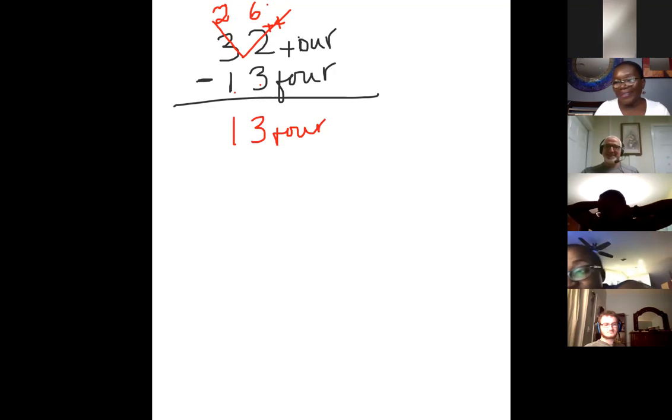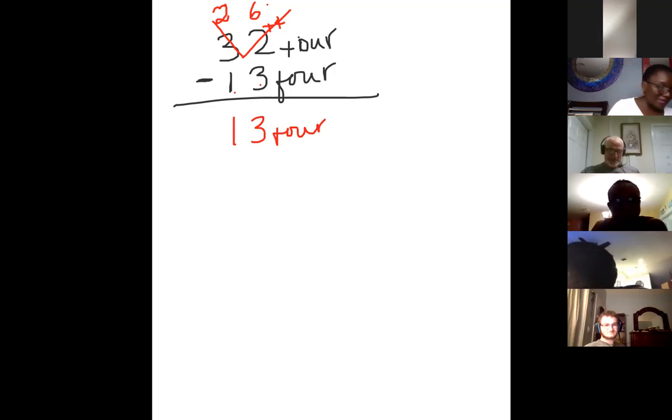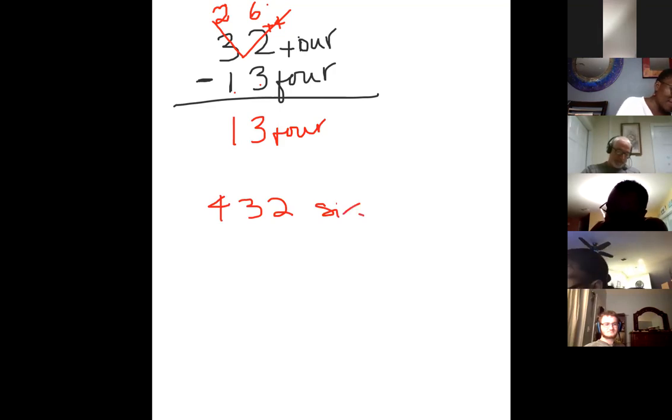Okay. So here comes the next one, guys. Let's take it up a notch. Let's do 4, 3, 2, and we are going to be in base 6. And then we're going to subtract 2, 3, 4, base 6.